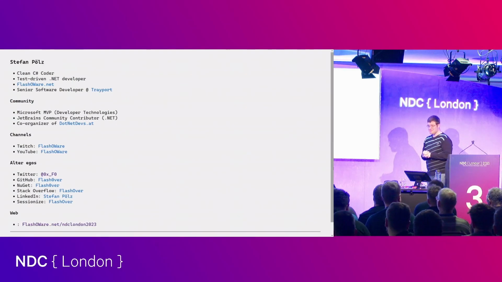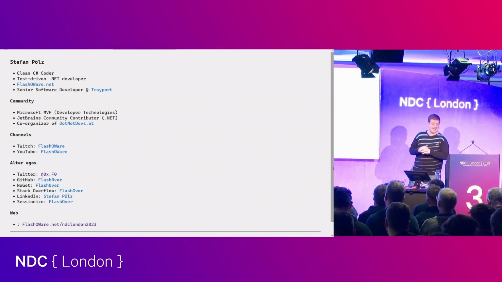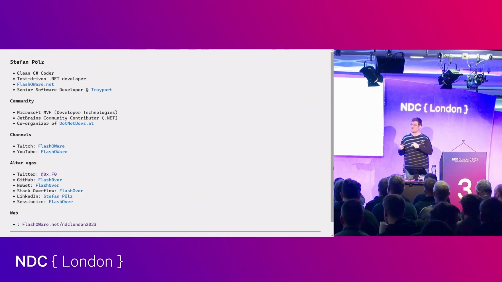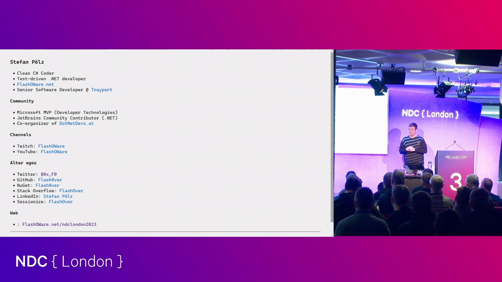I am Stefan Pölz. I love clean code, I love test-driven development, so we will be seeing a lot of tests today. I am a senior developer at Trayport, at the office in Vienna, but the headquarters is here in London, that I visited also this week. Since a couple of months, I am a Microsoft MVP, which was very exciting. And also, for a couple of months, I am a JetBrains community contributor, which potentially will become positive for you at the end, so stick around.